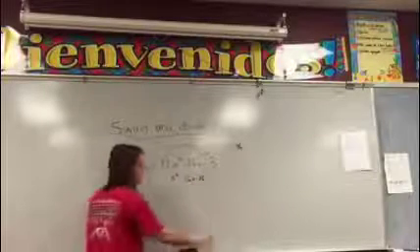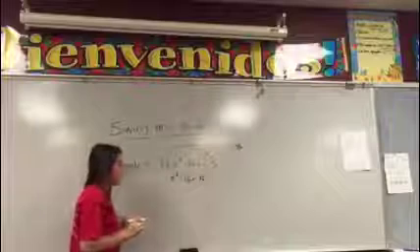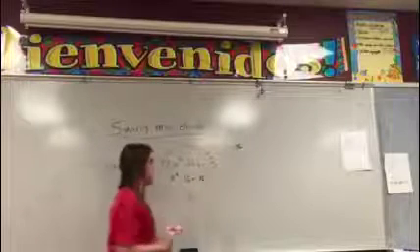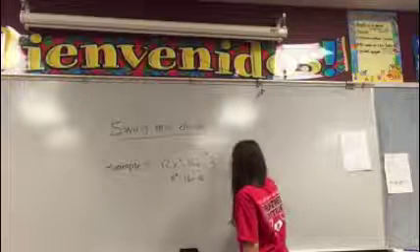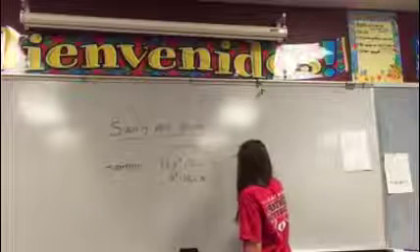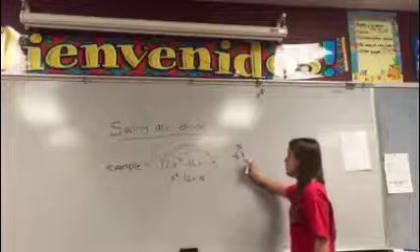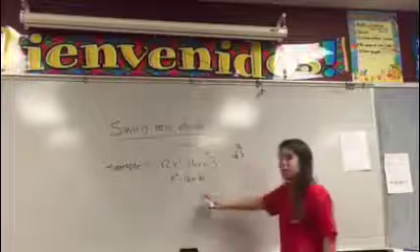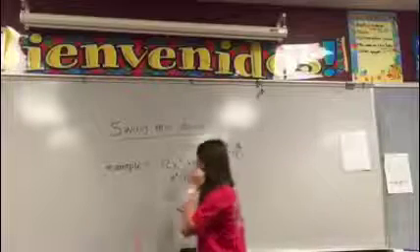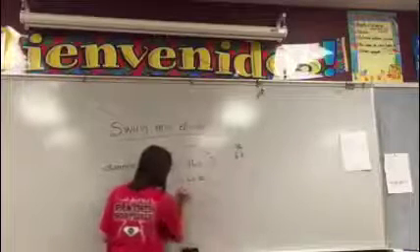You need two numbers that multiply to negative 36 and add to negative 16. This happens to be negative 18 and 2, because negative 18 times 2 is negative 36, and negative 18 plus 2 is negative 16.